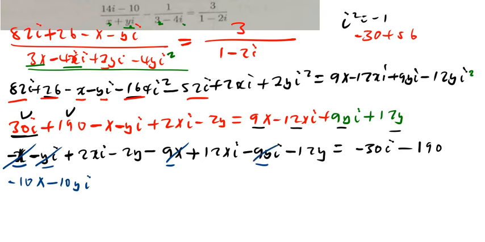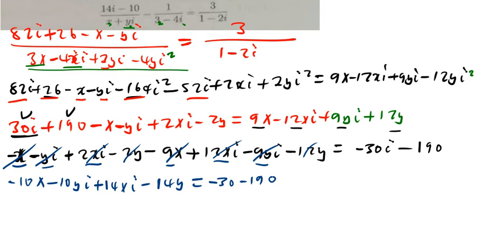What else? This guy can end up adding up with that guy, which is going to be plus 14xi. So that one has gone. This guy and that one will end up adding, and I'll have negative 14y. So that one has gone. This being equal to negative 30i minus 190.